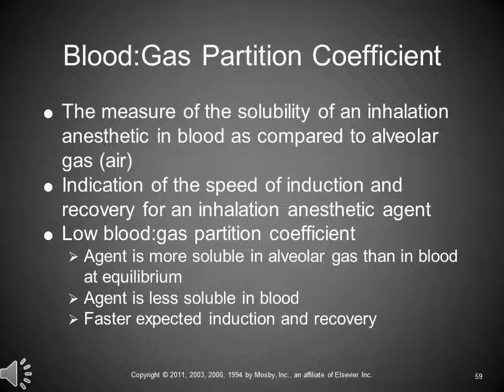It is an indication of the speed of induction and recovery for an inhalation anesthetic agent. If we have a low blood gas partition coefficient, that means the agent is more soluble in alveolar gas than in blood at equilibrium. You've got 2% in the alveoli, you've got 2% in the blood that wants to stay in the alveoli. The agent is going to be less soluble in blood.